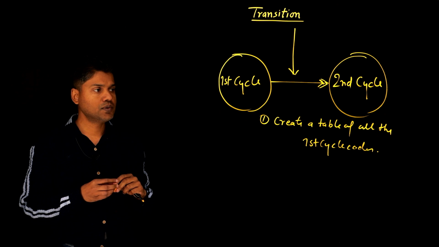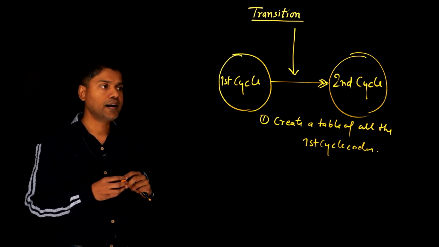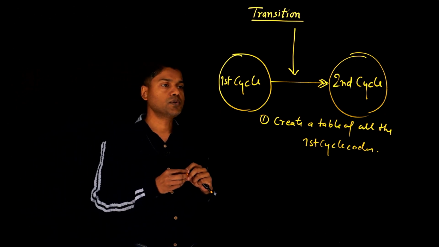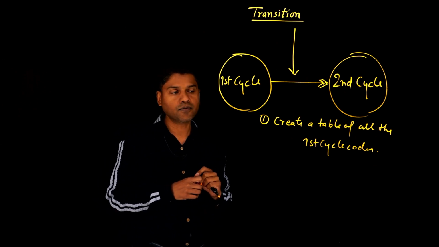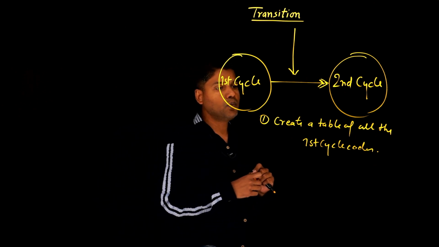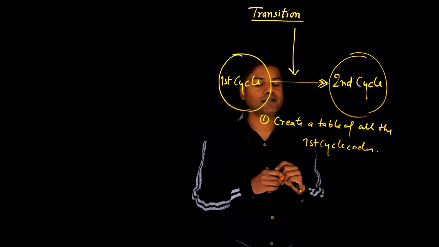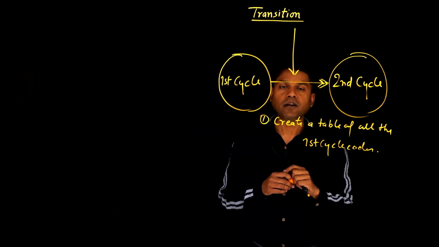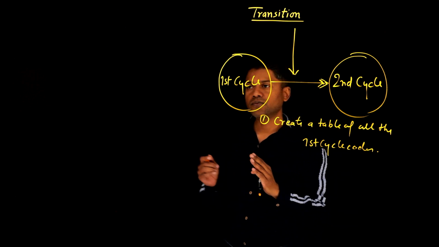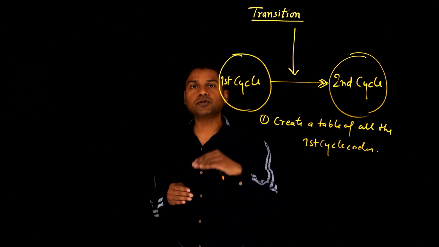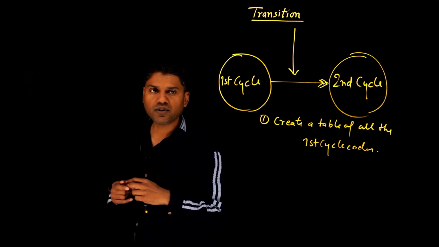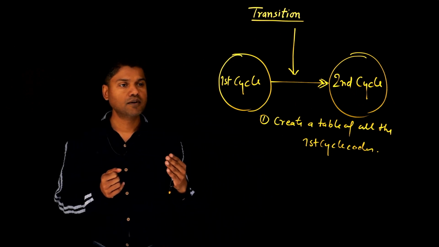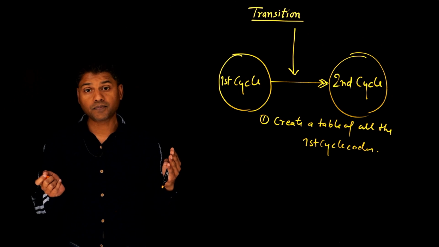So create a table of all the first cycle codes. The reason why we do that is because we want to look at all the codes we have generated in the first cycle of coding, and see generally what happens. We have a large number of codes, generally somewhere between 50 codes to maybe 100 codes.